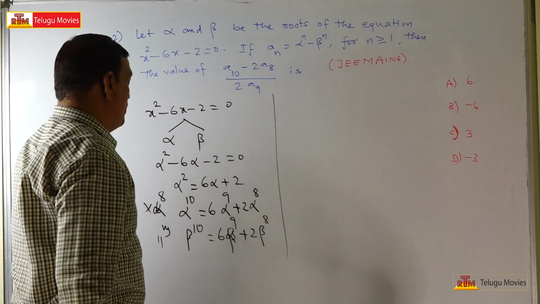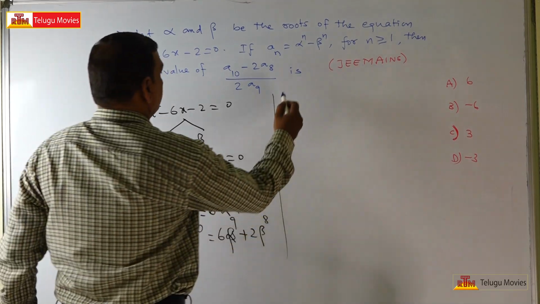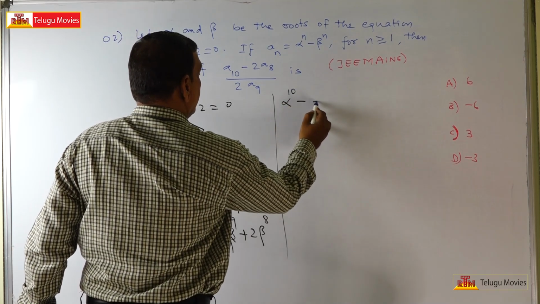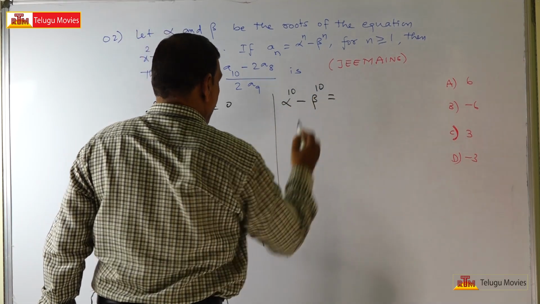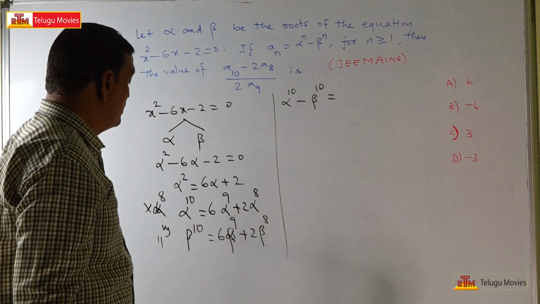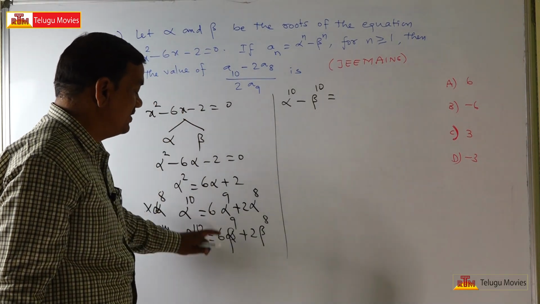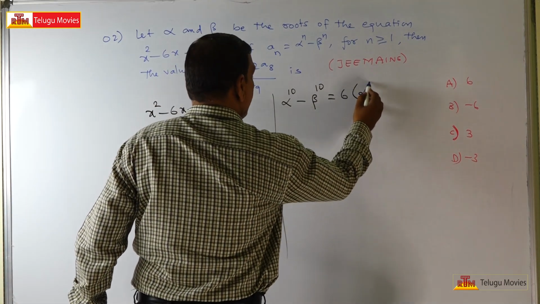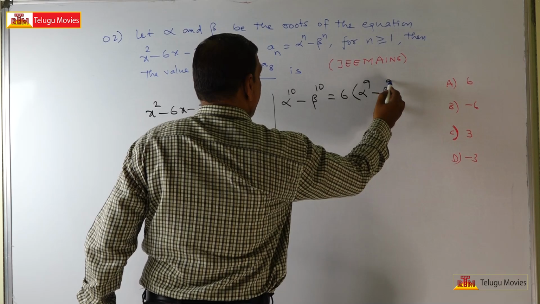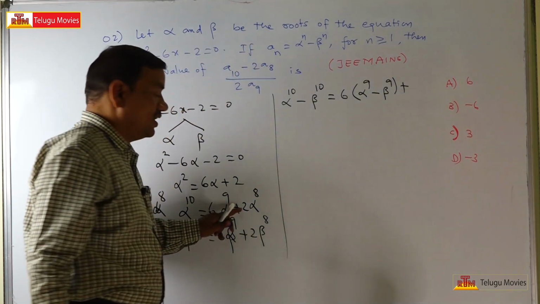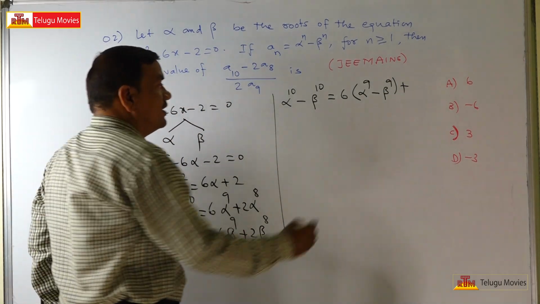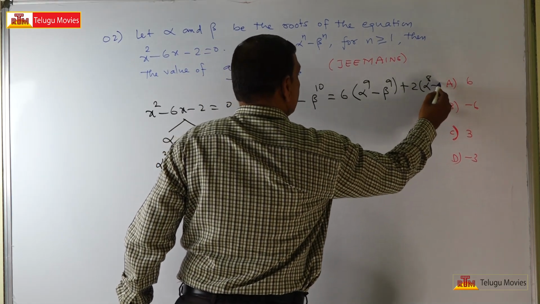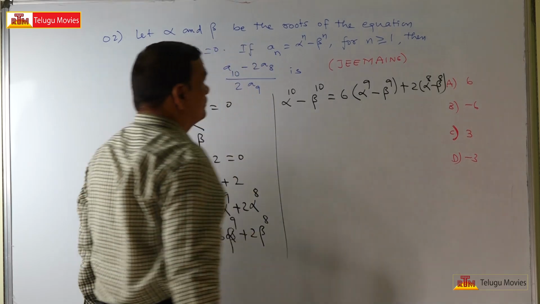Now, alpha power 10 minus beta power 10. See what happens. It is a subtraction. That means I can take 6 common outside. If I take 6 common outside, alpha power 9 minus beta power 9, plus here I can take 2 common outside, 2 times alpha power 8 minus beta power 8.